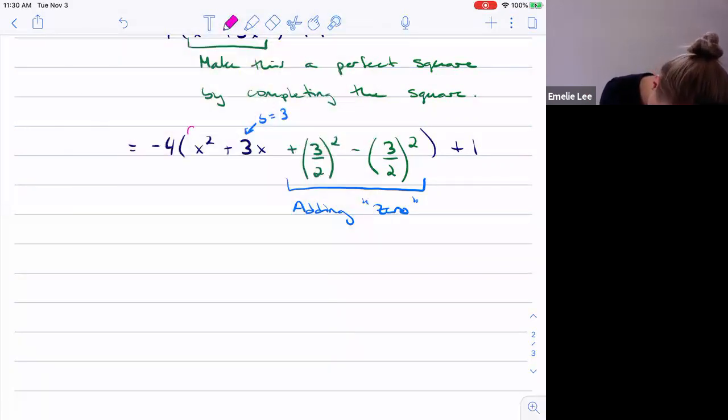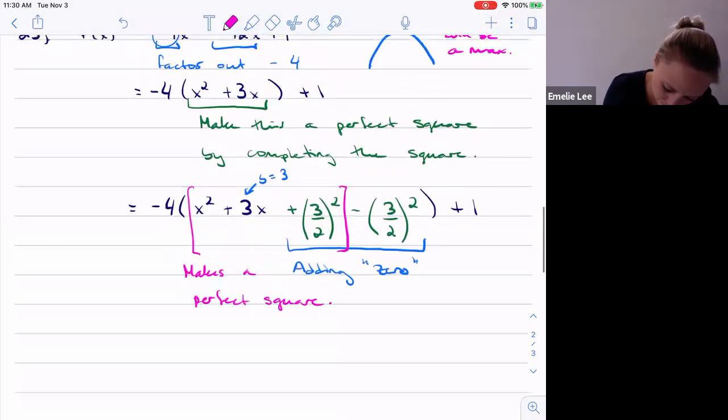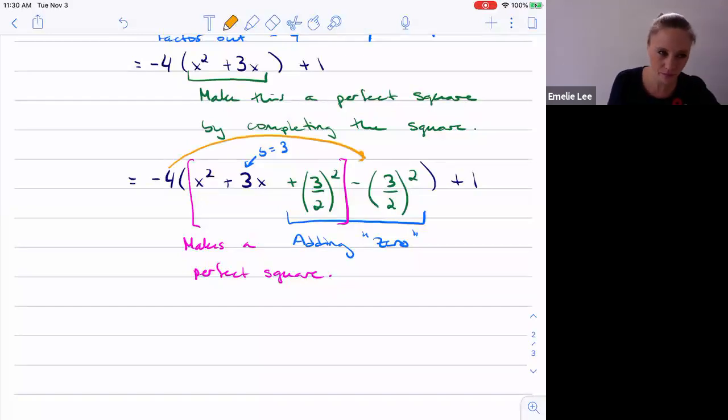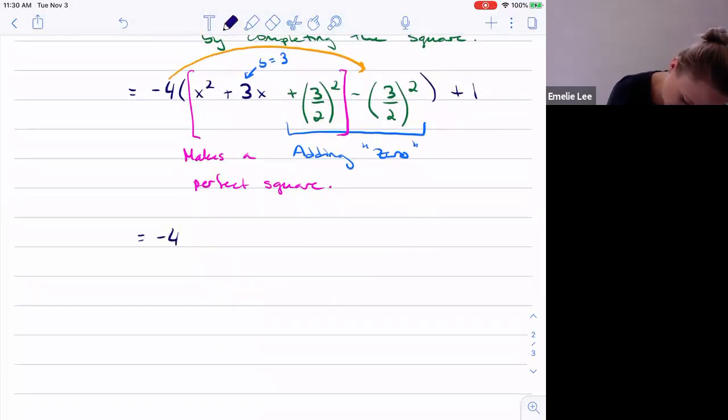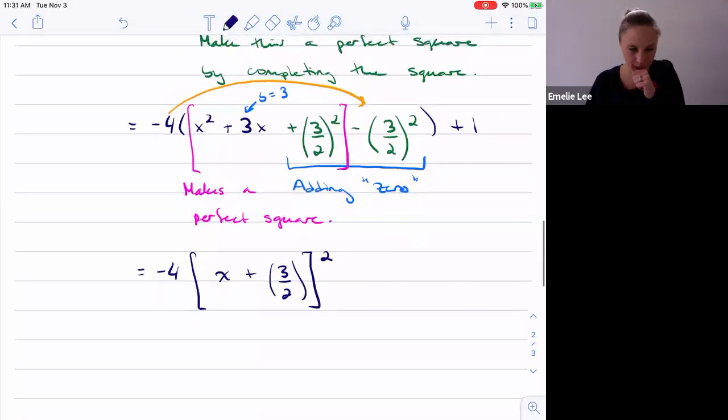So this here makes a perfect square. Okay. One thing that we need to remember is that this -4 has to get multiplied over here. So what this looks like is I get -4 times x plus 3 over 2, oopsies, squared, right?